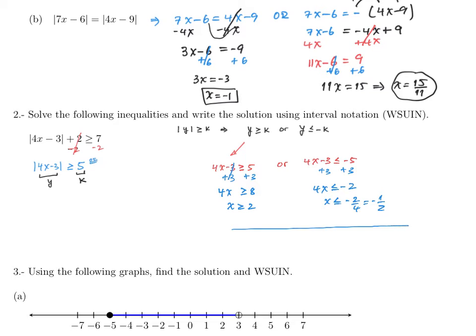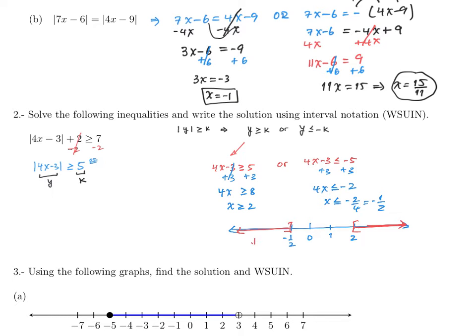Then graph the solution, even if they don't ask you. So minus 1/2 is somewhere here. This is 1, 2 is here. So greater than or equal to 2 is this part. And less than or equal to minus 1/2 is this part.